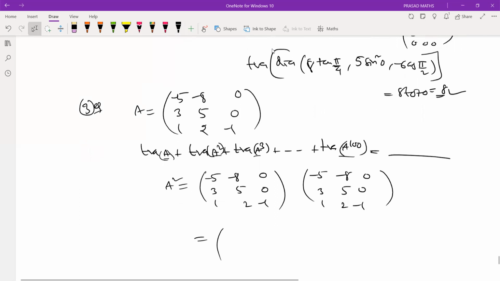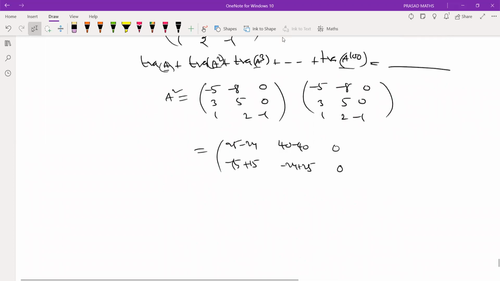What is it? 25 minus 24. Next 40 minus 40. Next 0, 0, 0. Next -15 plus 15. Next -24 plus 25, 0.